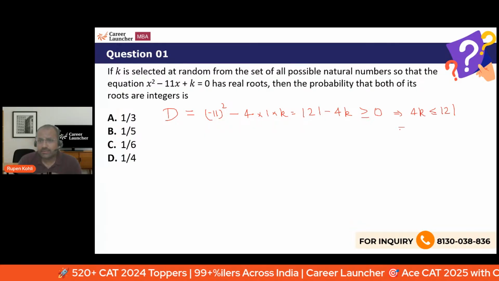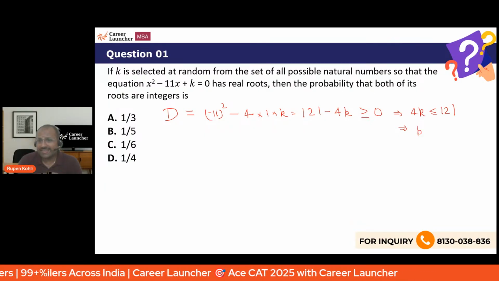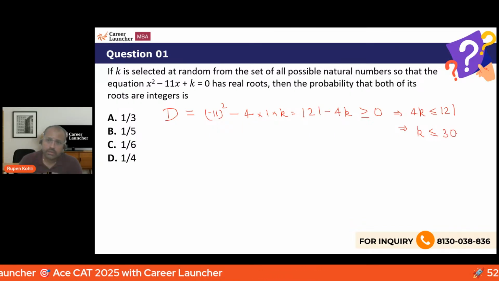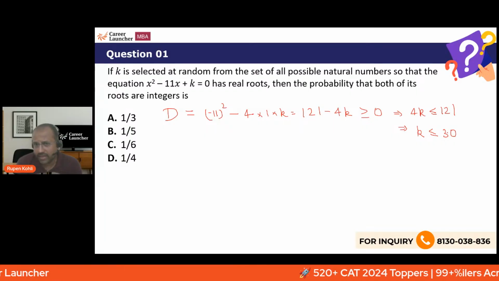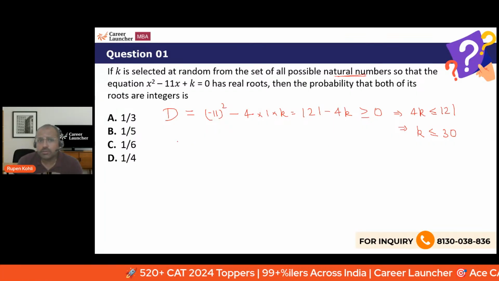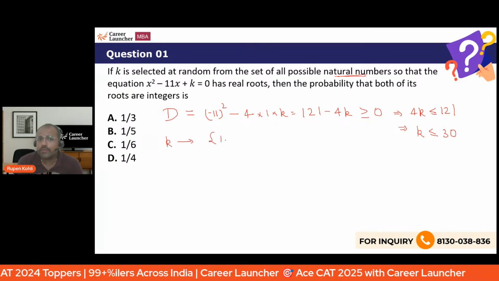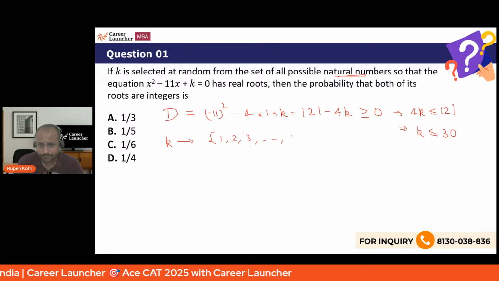Since k is a natural number, k is less than or equal to 121 by 4, which is 30 and 1/4. So the highest integer we can go for is 30, and since it's a natural number, the set of all possible values k can take goes from 1 to 30. That becomes my total possibilities.